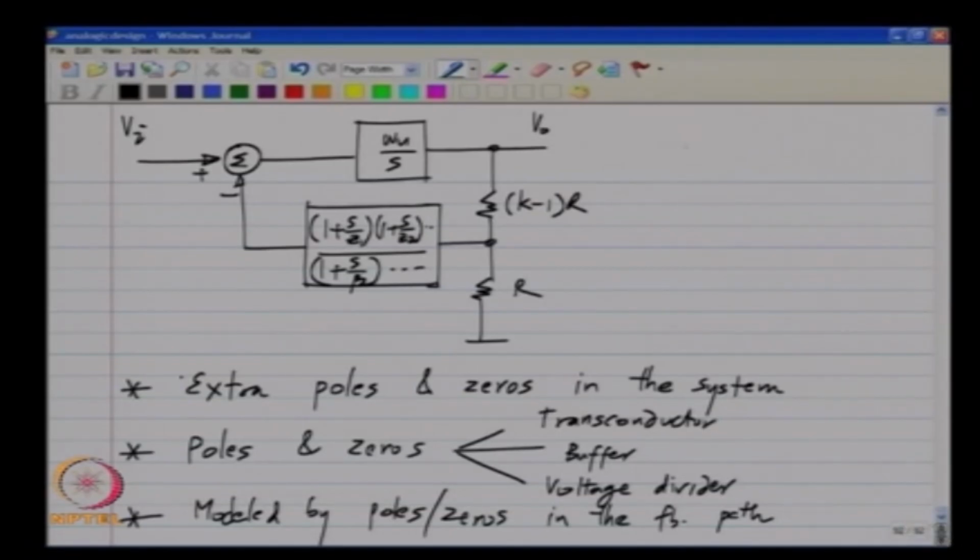We can equivalently model the same using extra poles and zeros in the forward path as well.